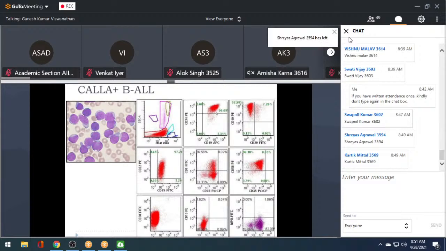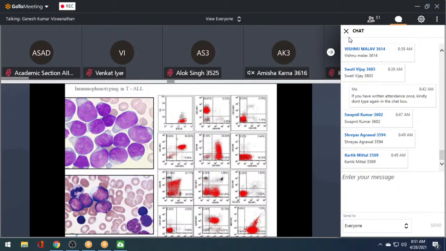All the cells show CD34. So it indicates that it is a blast. And they're positive for CD19 and CD10. Here, CD10 is present on the y-axis and CD19 is present on the x-axis. So it's positive for CD19, 10. It's positive for CD22. So it all indicates that this is a cell belonging to the B acute lymphoblastic leukemia type.